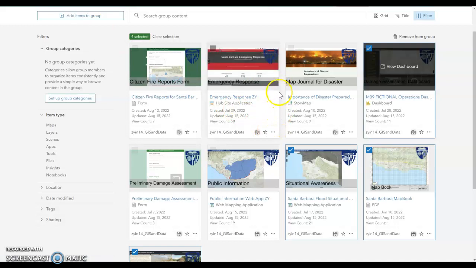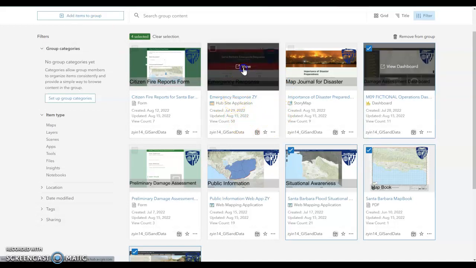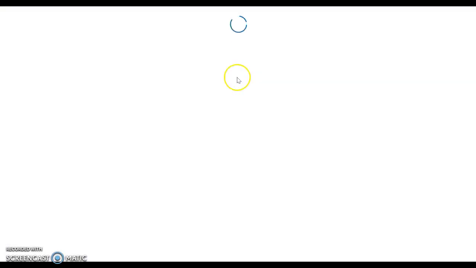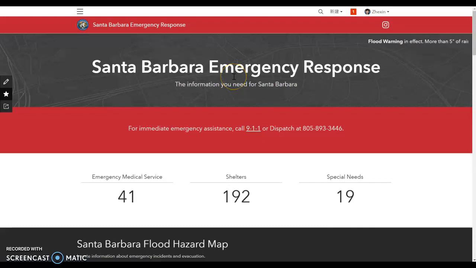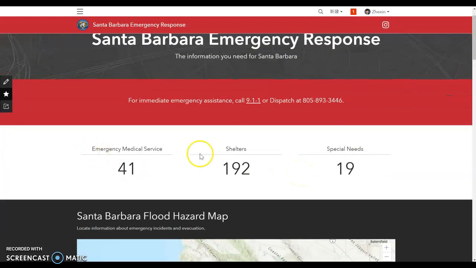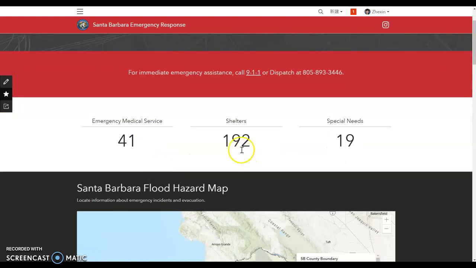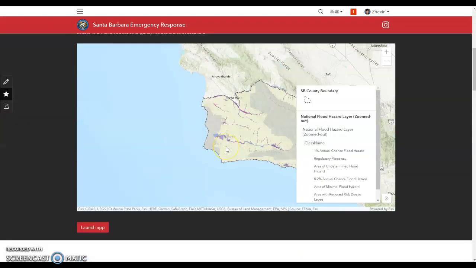And from that, we have an emergency response page. This page allows residents who got into the hazards and might need help from officials to find information about emergency medical services and shelters that are available.